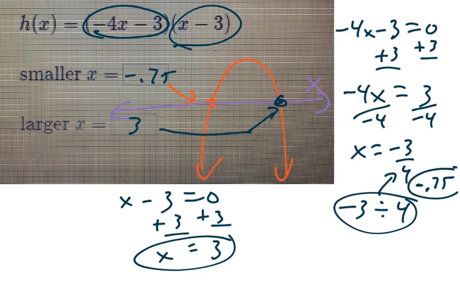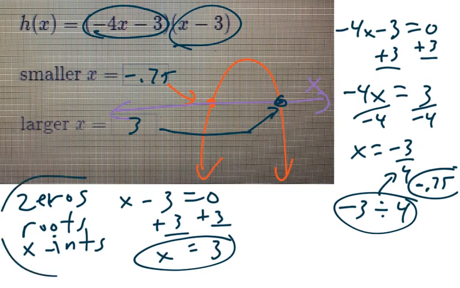So what we just found out, what we call our zeros, guys. All right, they're also called the roots of the equation. They're of course called the x-intercepts of the graph or equation or function. Okay, all three of those words, guys, really mean the same thing. Where the graph zeroes out, where it crosses the x-axis.